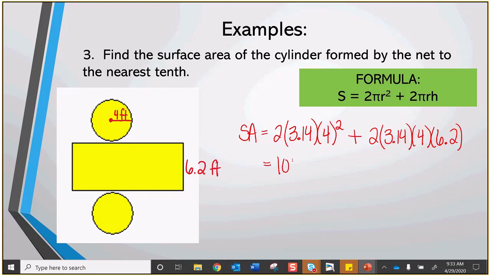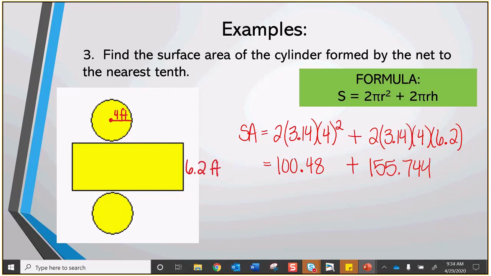Two times 3.14 times 4 times 4 is 100.48. Multiplying 2 times 3.14 times 4 times 6.2 gives me 155.744.